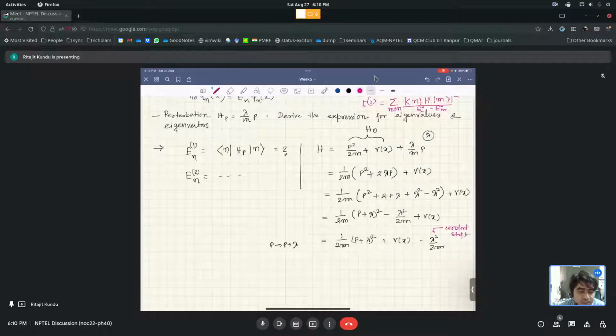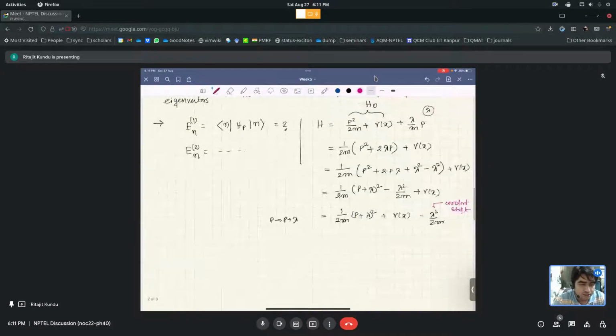If you just add any constant number to your Hamiltonian, that doesn't change your eigenfunctions, it just shifts your eigenvalues by this much. So this is just a constant term and it doesn't change your expectation values, but it will give a shift to all of the energies.